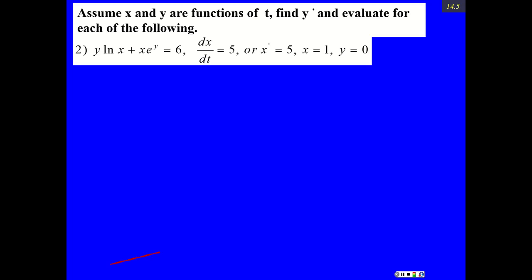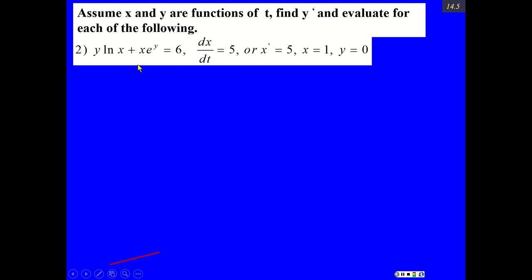In this problem, there is a two-part question. The first part says find the y prime, and we know y prime is the same as dy over dx, and the second part says evaluate.